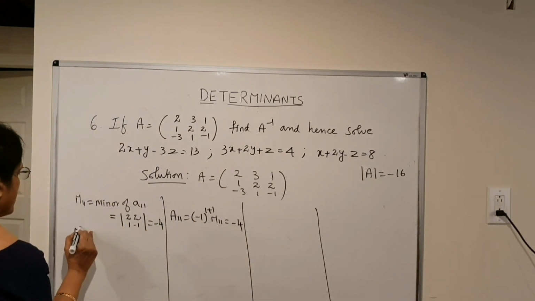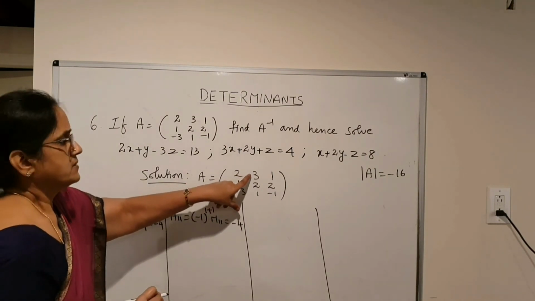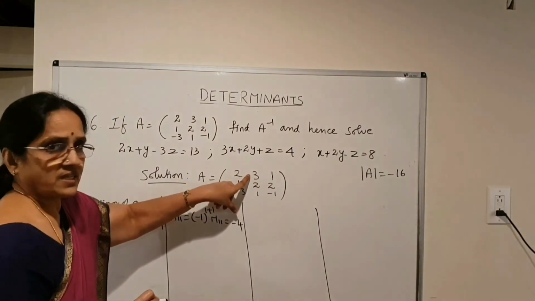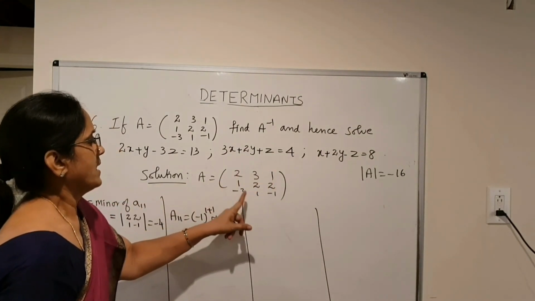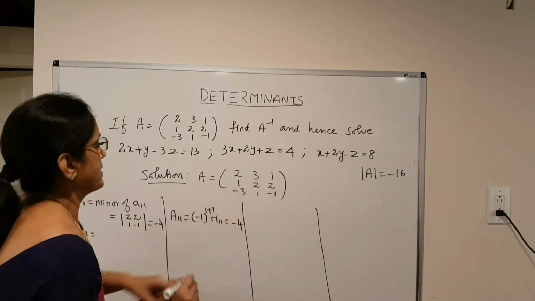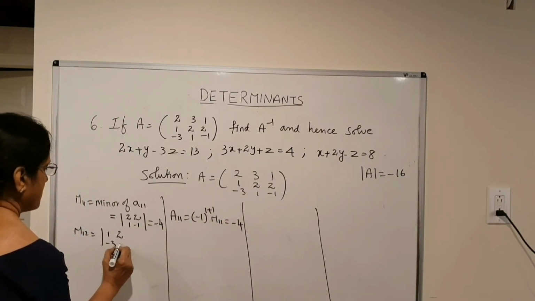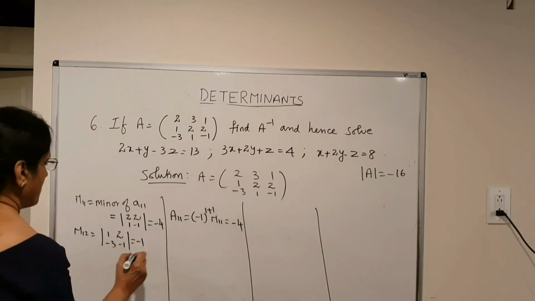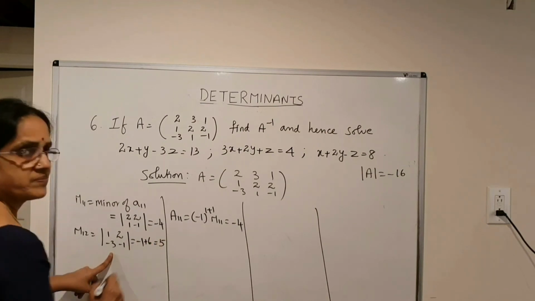Then M12, which is the minor of the element a12, that is 3. Now leaving the first row and the second column, I have 1, 2, minus 3, minus 1. This will be minus 1 plus 6, which is going to be 5.